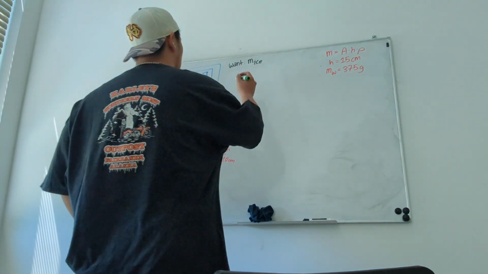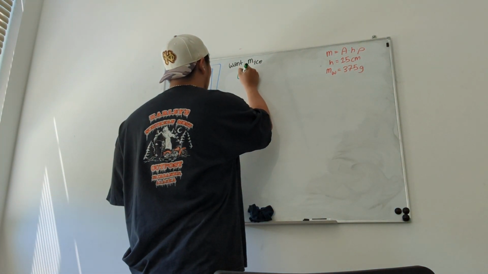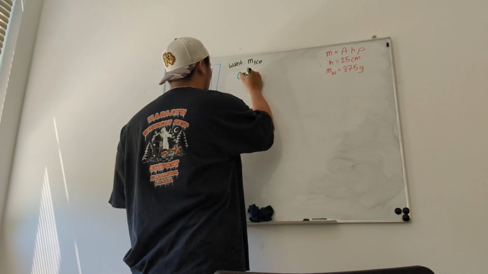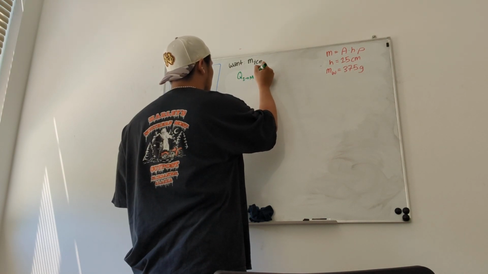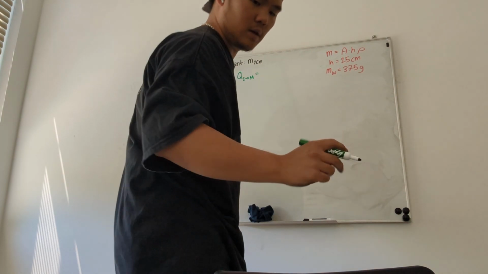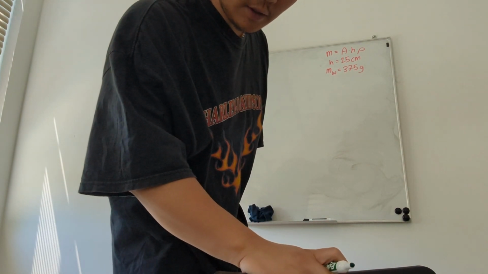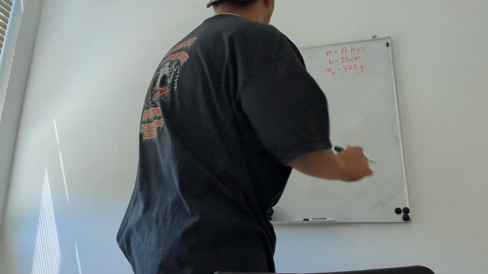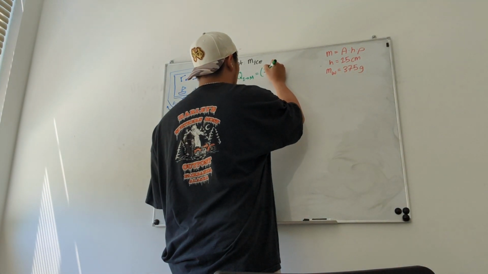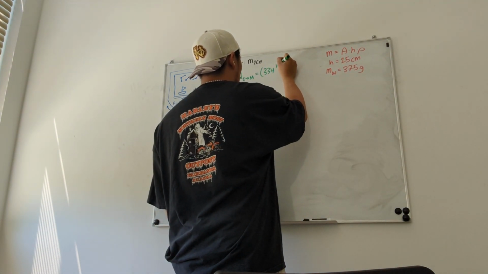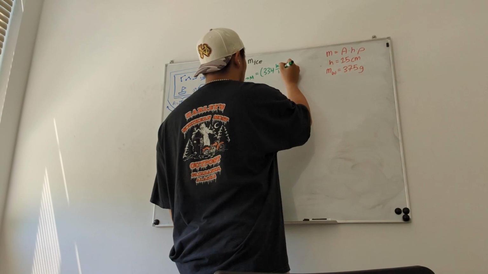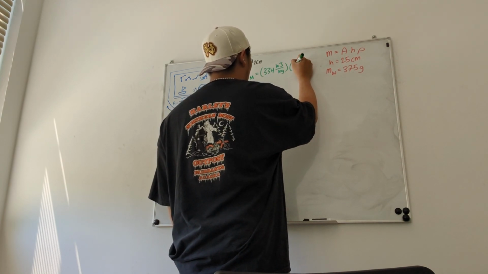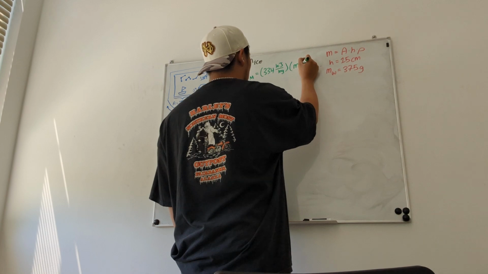So the energy to go from the initial step to the middle step is equal to the heat of fusion, which is 334 kilojoules per kilogram, times our mass of ice.